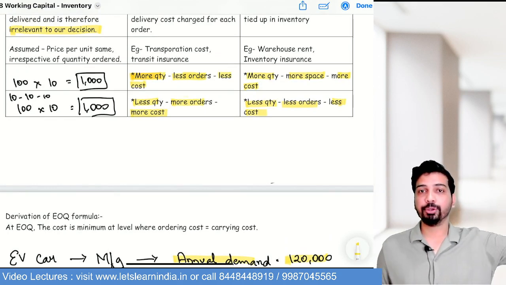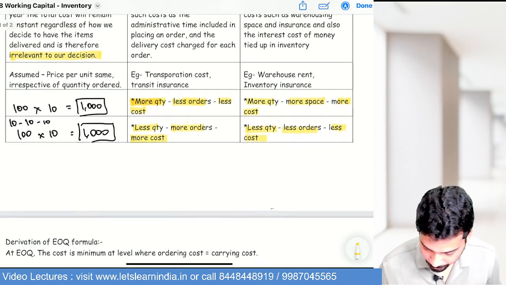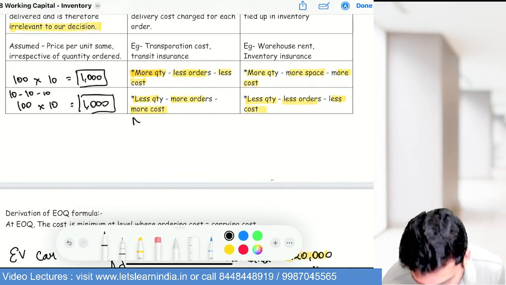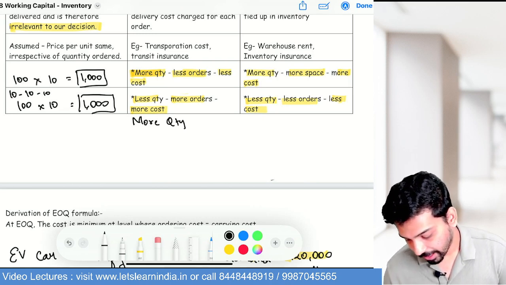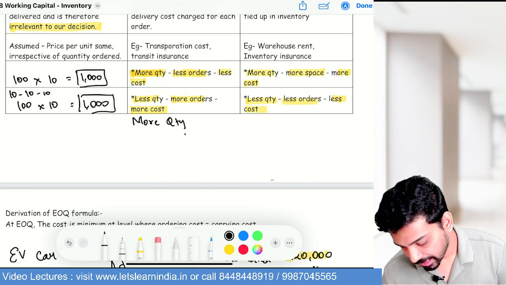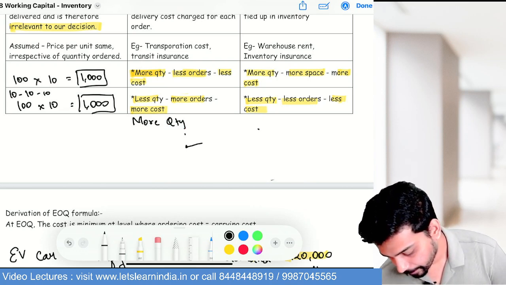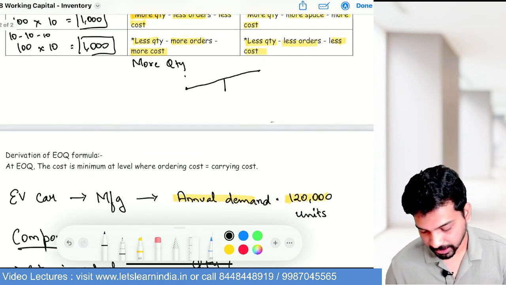The more quantity you order, you will incur what? Less ordering cost. So for example, if I have to draw, more quantity, you will have to pay less ordering cost and more carrying cost. Correct?